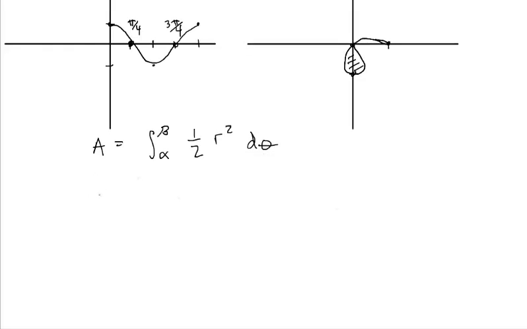So now A, or area, is equal to the integral from pi over 4 to 3 pi over 4. And I'm going to put the 1/2 out front times r squared, which is cosine squared 2 theta, d theta.